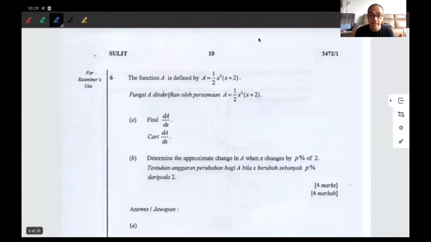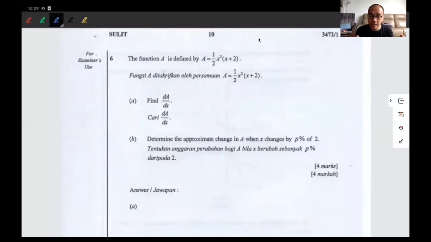Okay, question number 6. After we're done with that question, we come to this slightly simpler question. Function A is defined by A equals this. Then find dA/dx. So you want to differentiate the A function. Let me simplify this a little bit better.